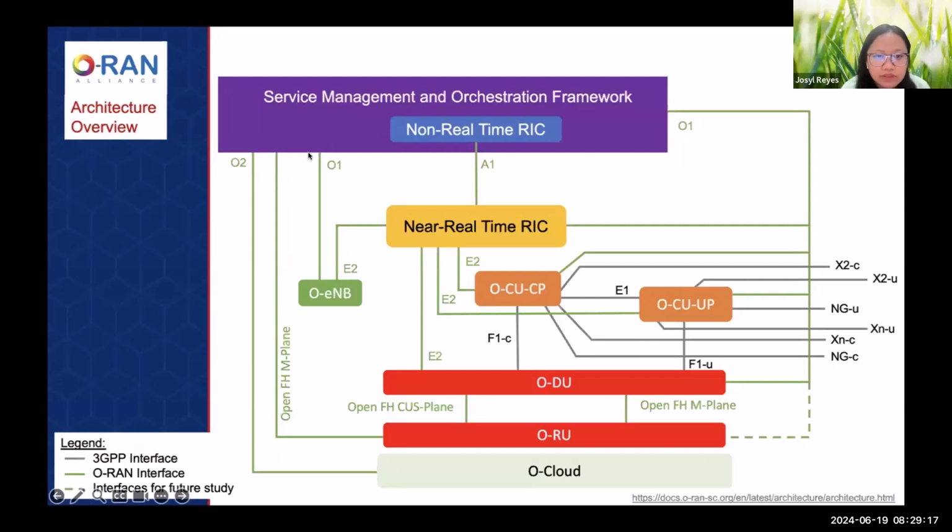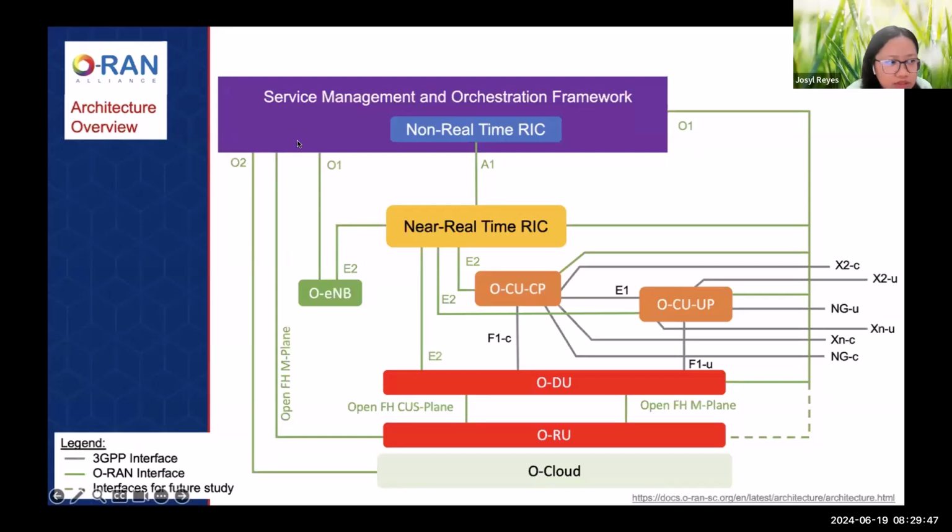Okay, there are other interfaces here. As you can see, you have the O1 interface, which connects to the different RAN components from the service management and orchestration framework. This is usually for maintenance purposes, so more on configuration, security, management, and things like that. But the A1 and E2 are mostly on gathering data from the radio access networks.